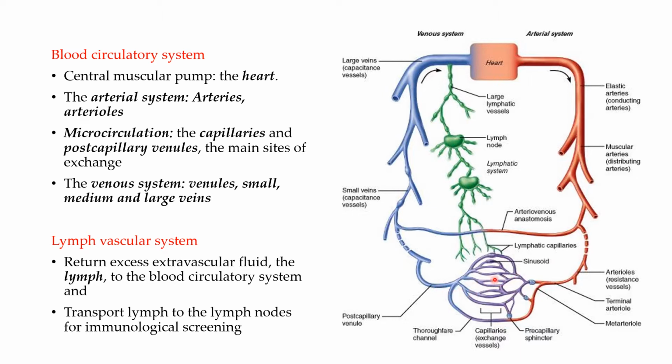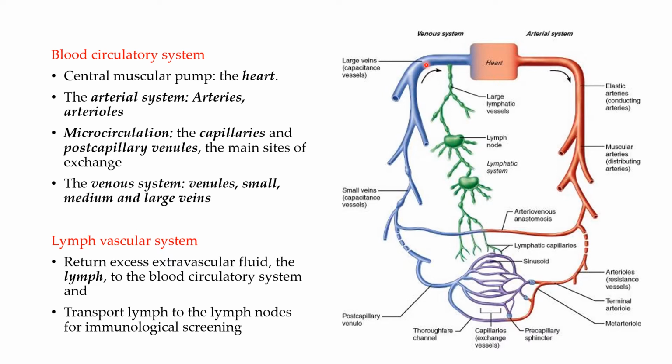The capillaries and post-capillary venules are the actual sites of exchange, and the circulation through these vessels is known as microcirculation. From here, the blood goes into the venules, the small veins, the medium and the large veins, and finally back to the heart. We are going to discuss all these vessels in this lecture.